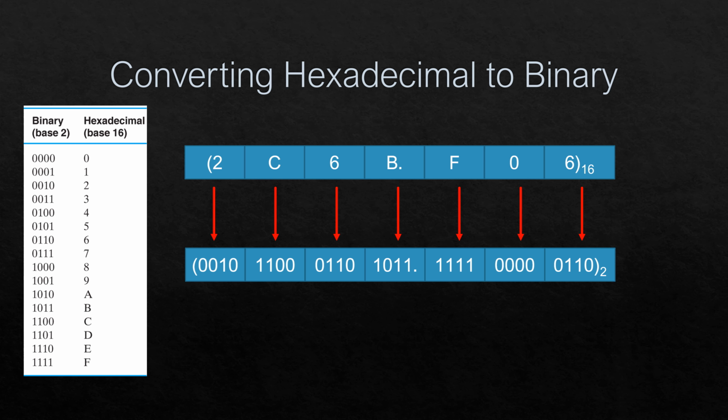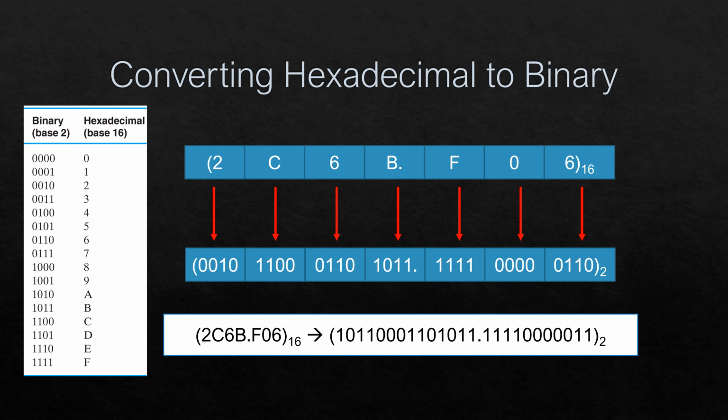So 2C6B.F06 hexadecimal becomes 101100 0110101110000011, and again we could leave the trailing 0 if the accuracy requires us to leave it. The leading 0 is not required because it does not add to the accuracy of the binary number.